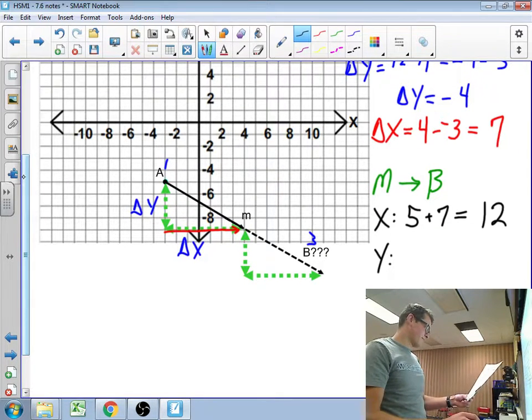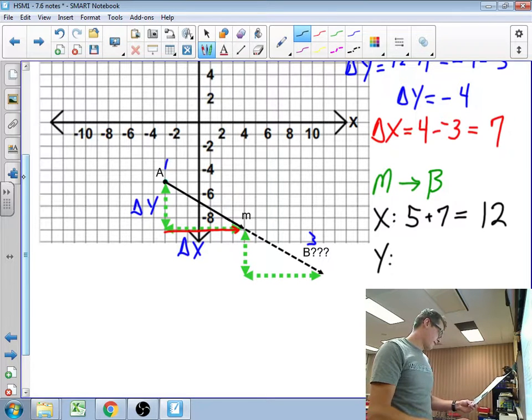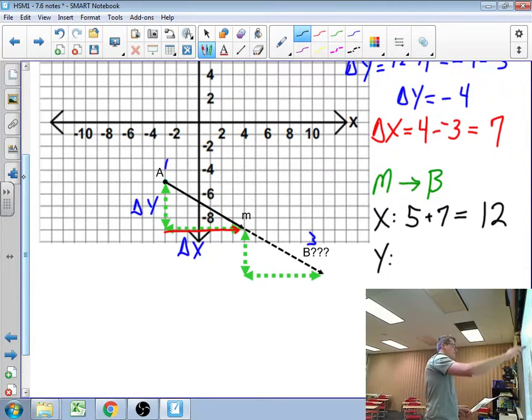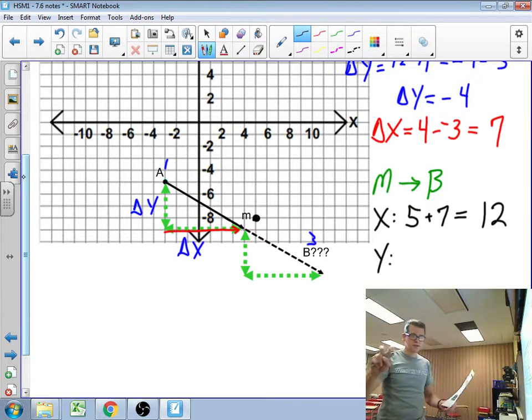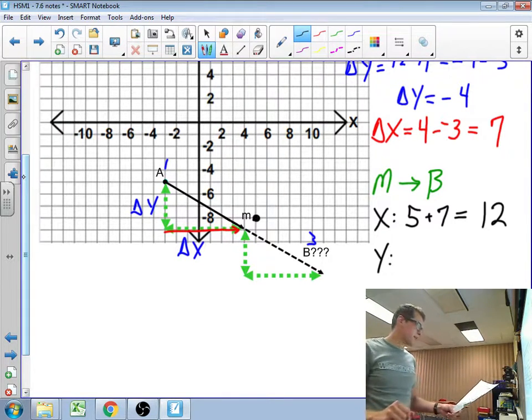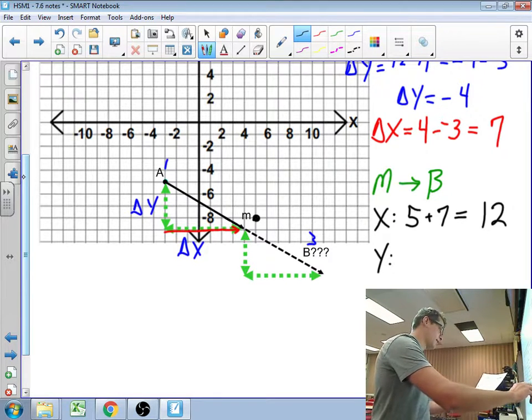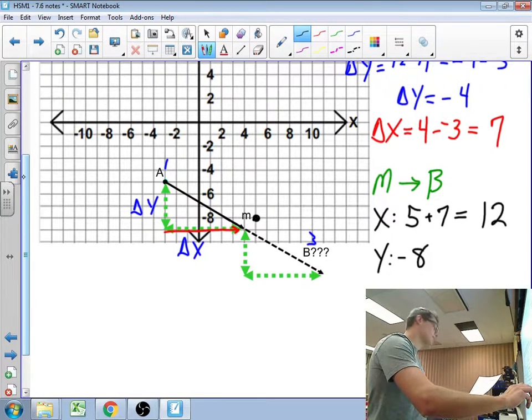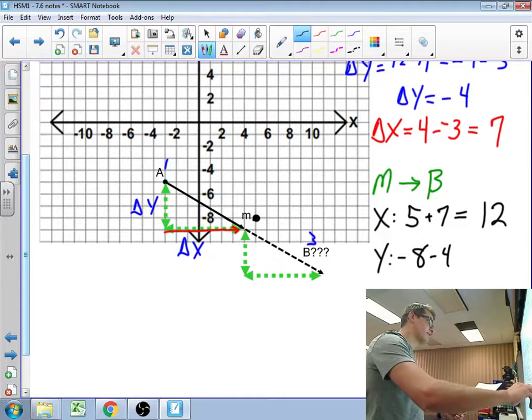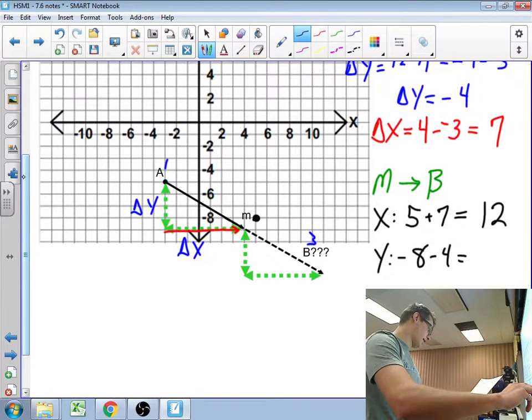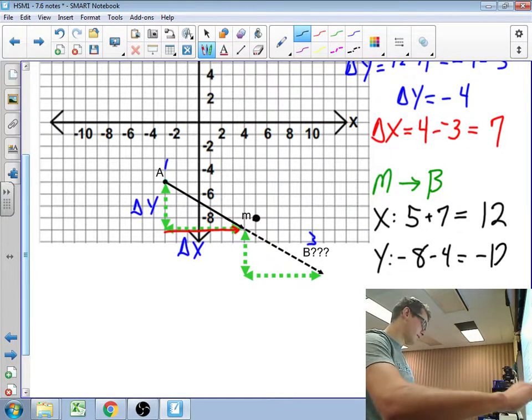So, Y, then, yeah, I was one off on both of those. My apologies. So M should actually have been shown at 5, -8, which would be right here. So take the graph with a grain of salt. It's not a great representation because I dropped that in the wrong place. But Y from the midpoint, using the math that we have, starts at -8 and then is going to decrease by 4, and that lands me at -12.